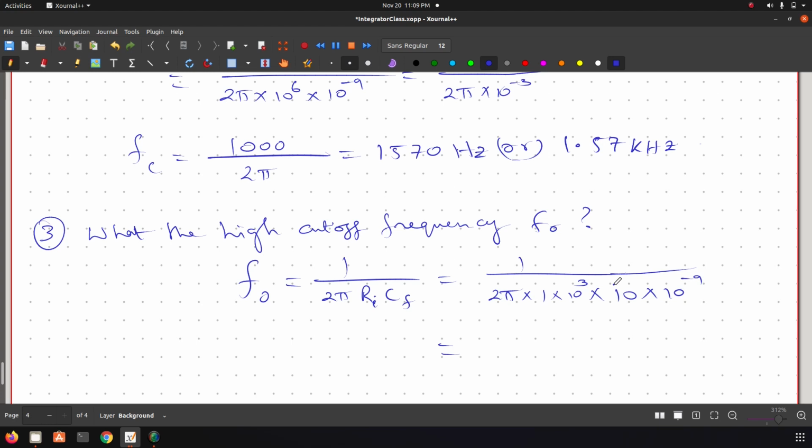Therefore here we have 10 power 4, so it's 2 pi times 10 power 4 into 10 power minus 9.